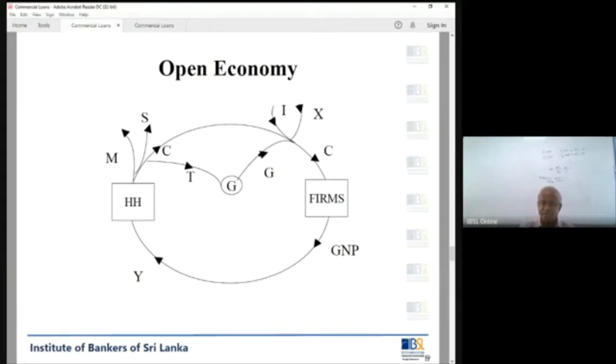Tea, rubber, coconut, paddy, mine export crops. Jewelry, gems, exported. Packeted tea, exported, and cinnamon. Cinnamon is a very important exported item of the country. Our cinnamon is the world's best.